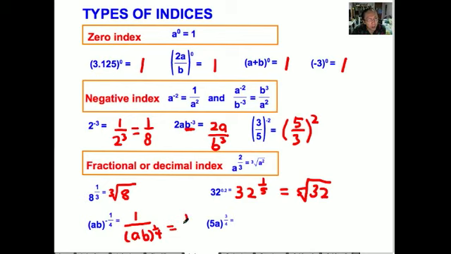And 1/4 is simply the 4th root of AB. In the last example, we have the 4th root of 5A to the power of 3. The root form is also called a radical form.